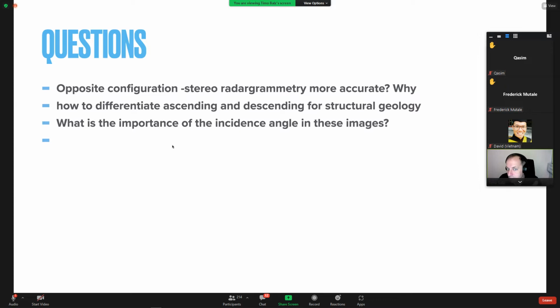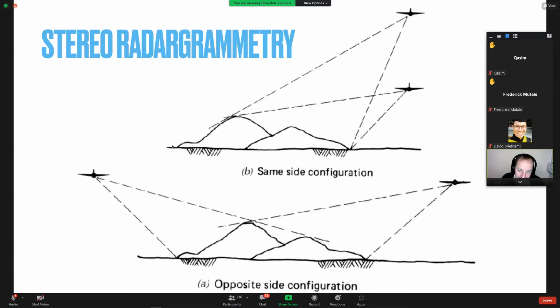I don't know how to answer that, actually. I don't know what we should differentiate there. And what is the importance of incidence angle in these images? Now, I'm not exactly sure where that question goes, but let's take a look at the stereo radargrammetry.